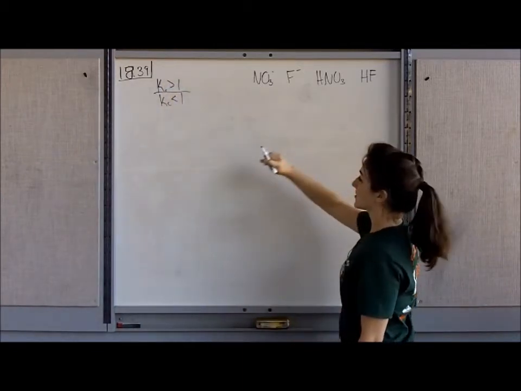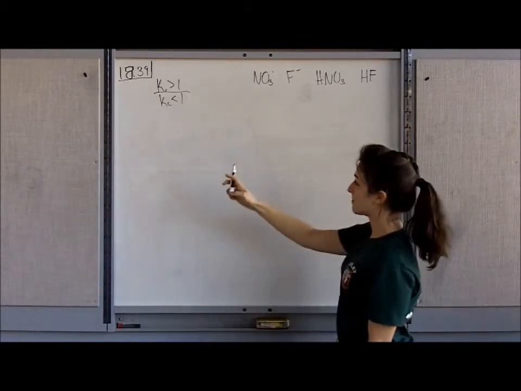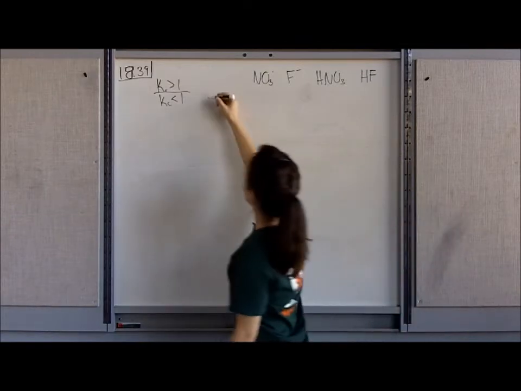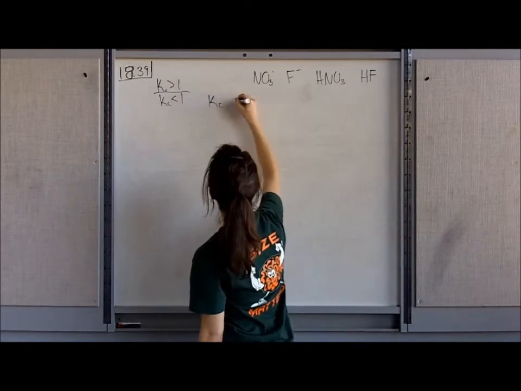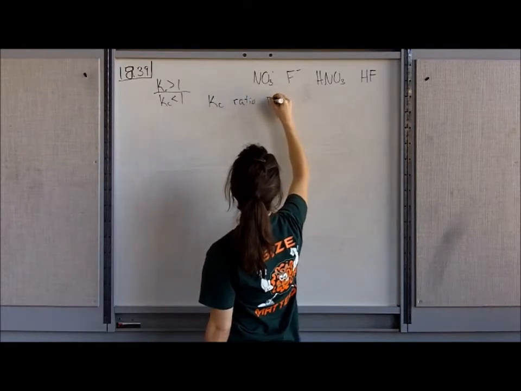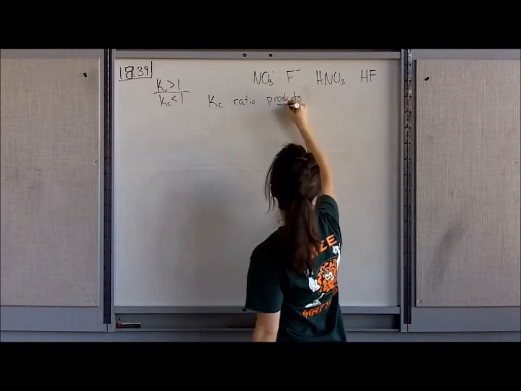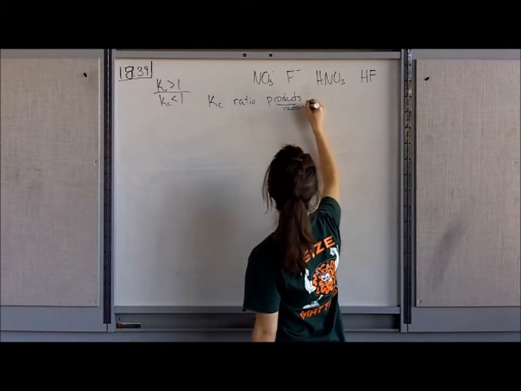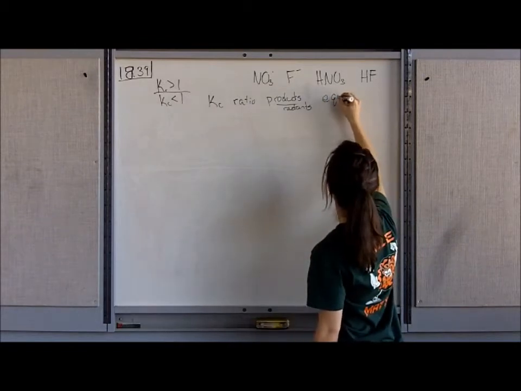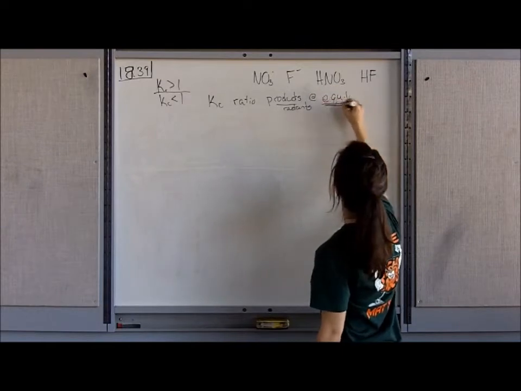To do this, we have to realize that when Kc is greater than 1, most of the reactants are going to turn into the products. The reason is that Kc is the ratio of products over reactants at equilibrium, and that's a key point: equilibrium.